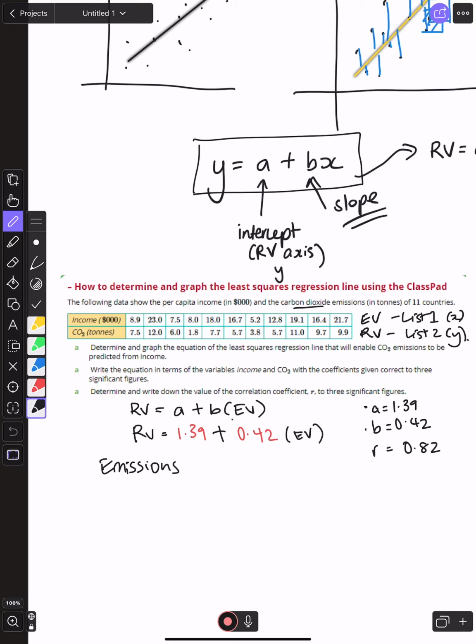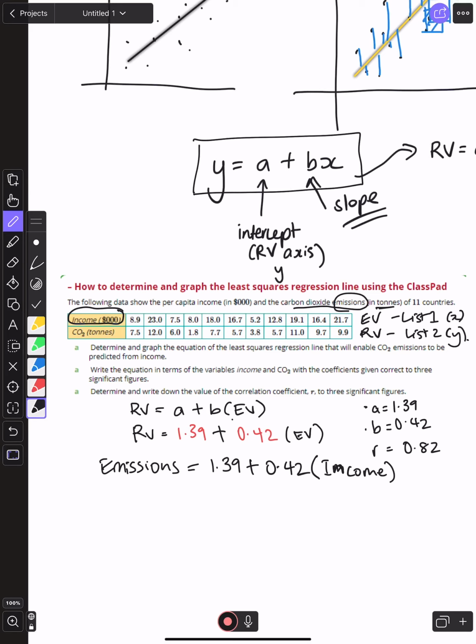So carbon dioxide emissions, which is measured in tonnes. So emissions is given by 1.39 plus 0.42. And then in the brackets, I've got the income, which is measured in thousands of dollars. So I would write income there.